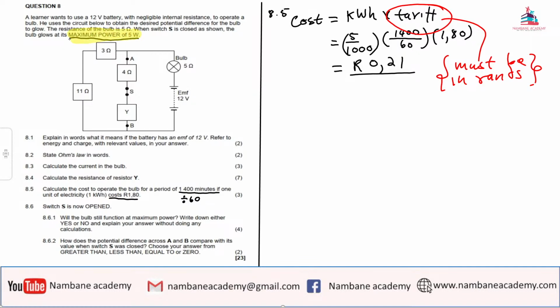Maximum power is given as 5 watts. But the formula does not want us to use watts. It wants us to use kilowatts. So moving from watt to kilowatt, we divide by 1000.